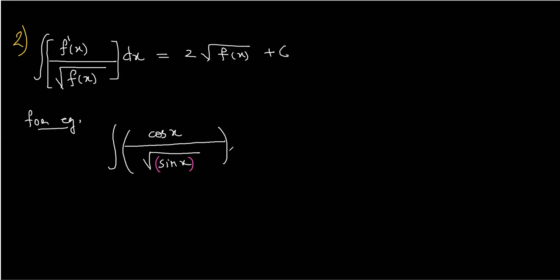So its integration will be 2 root sin x plus c, because cos x is the derivative of sin x, which is inside the square root in the denominator. Remember, it has to be exactly in this form. You are not allowed to have anything other than this. If it is exactly in this form, then only you can use the result.